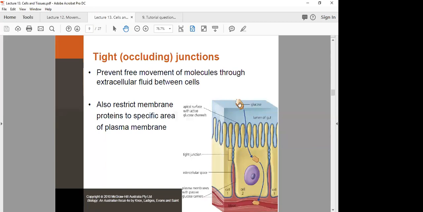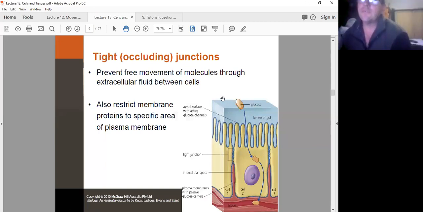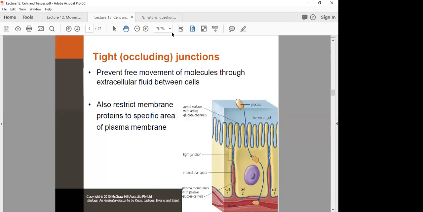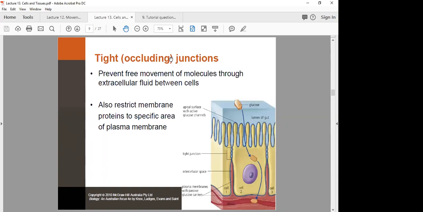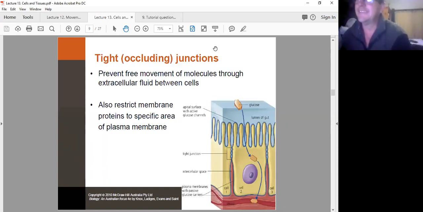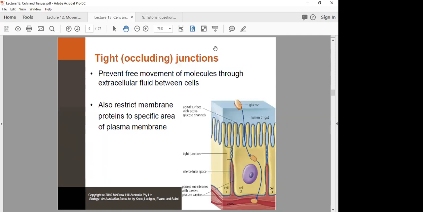All right, instead... Would you be able to change the size of your PowerPoint down to 75 or something so that we can see the bottom of this PowerPoint? Yeah, sure. Let me try that. Is that better? Slightly. So you still can't see the bottom? Possibly not. Can you see where my pointer is?